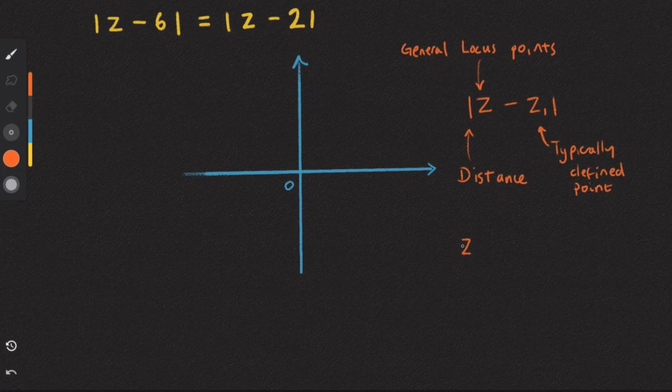Over here we can make notes, and I encourage you to do so. We have our left-hand side first. That can be written as z subtract 6 plus 0, well, i times 0. So we'll say 0i. Essentially, there's no imaginary part there.